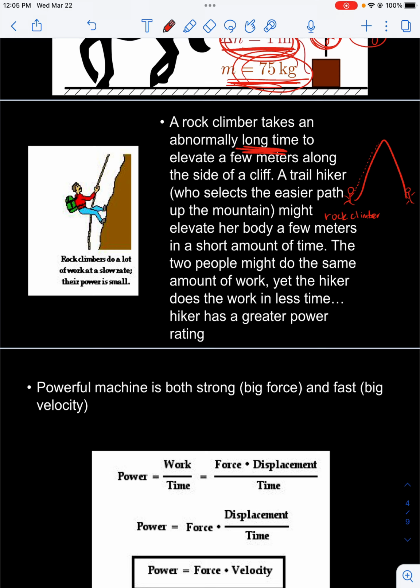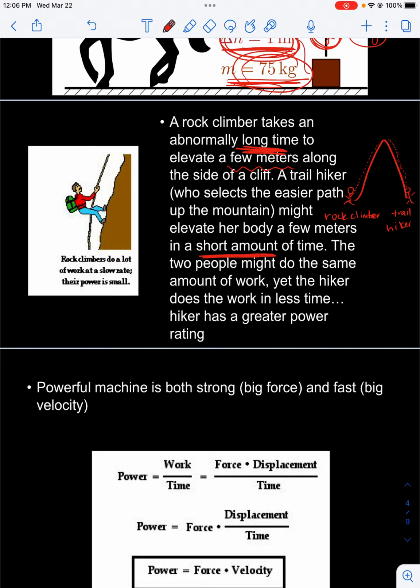It takes him a really, really long time to elevate just a few meters along that side. Now, this twin is a trail hiker. She is going to go up the mountain easy as you please, so it does not take her very long at all. She does it in a short amount of time.